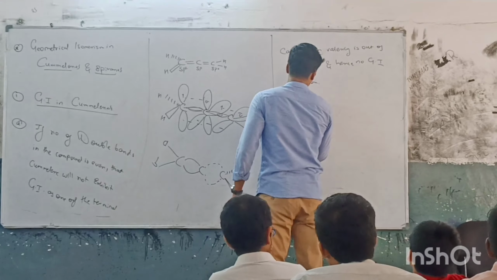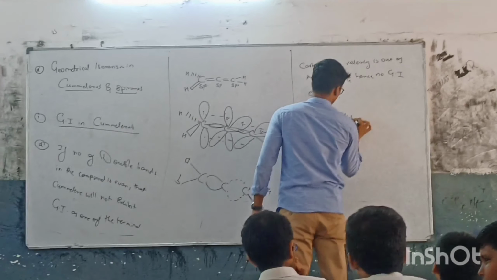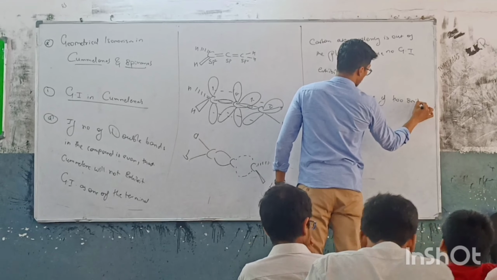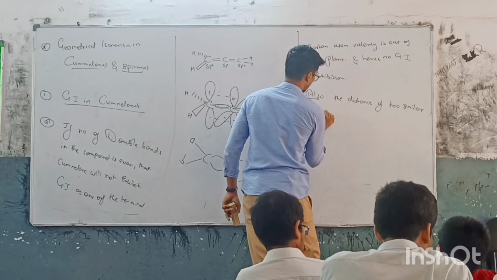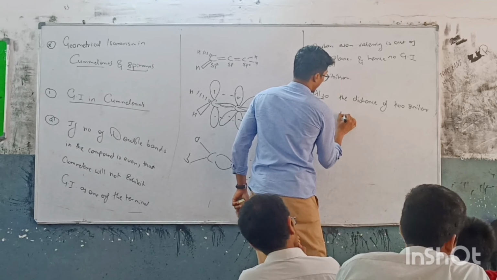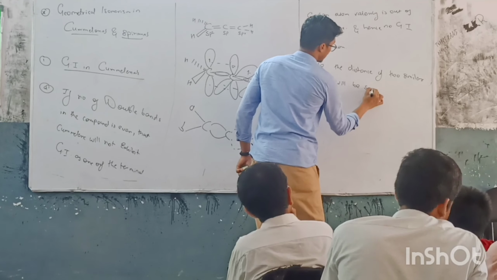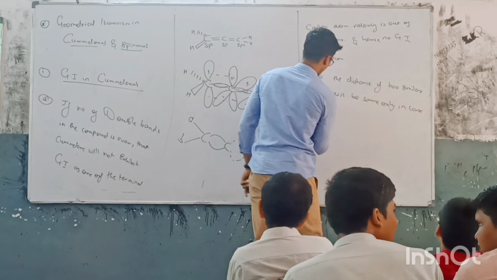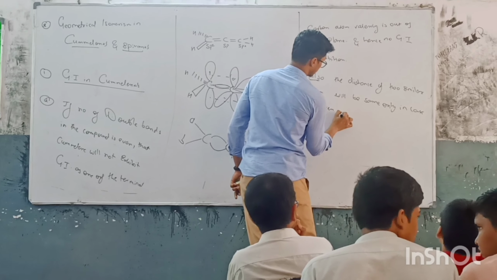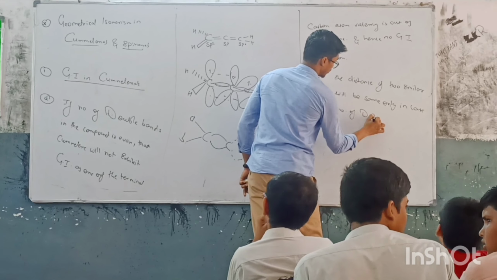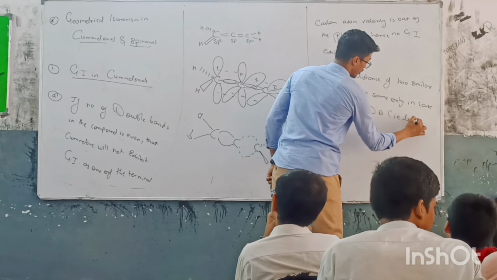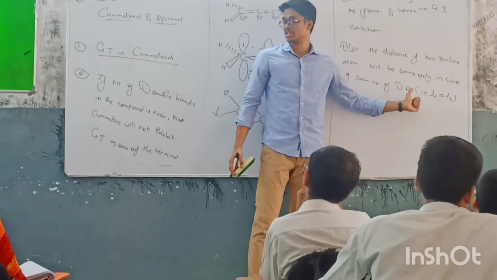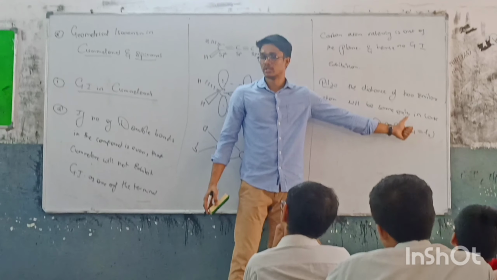Also the distance of two similar atoms will be the same only in this case. L1 will be equal to L2. When L1 is equal to L2, at that time there is no exhibition of geometrical isomerism.